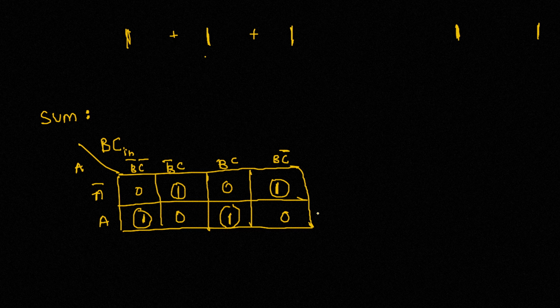So whenever you have the chessboard configuration, it means that it's the KMAP for a XOR gate. So this can be simplified and written as A XOR B XOR C. So this is what gives us the sum of a full adder.